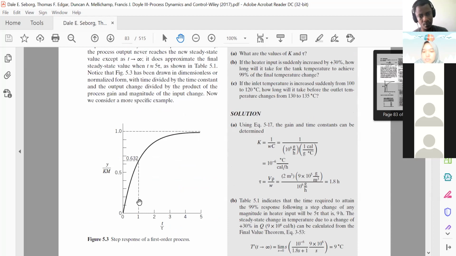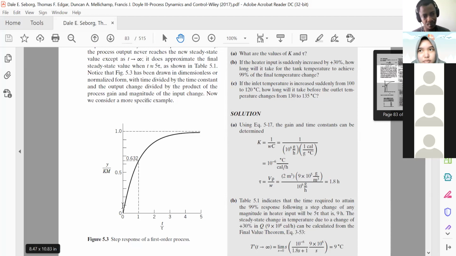When t equals tau, the output will reach 63.2% or 0.632 of the final result.